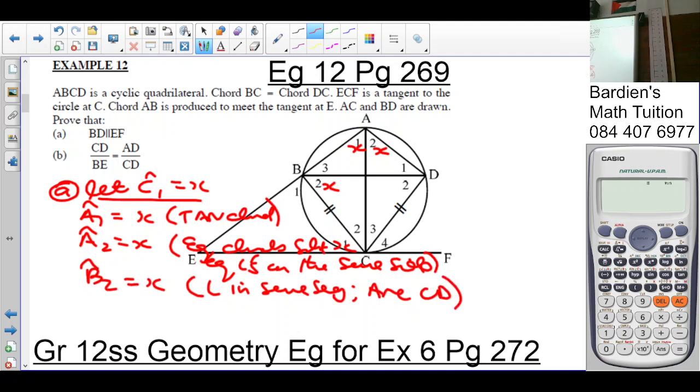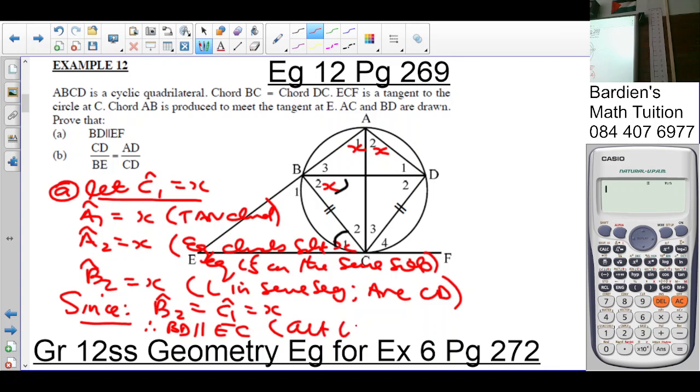Okay, so now you see those two angles are equal. So now we state the obvious. We say since B2 is equal to C1, which is equal to x, therefore BD is parallel to EC or EF. Why? Because alternate angles are equal.